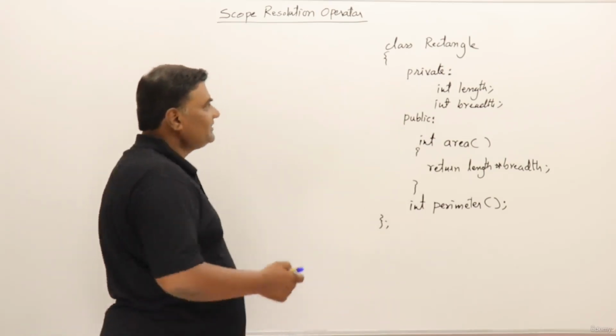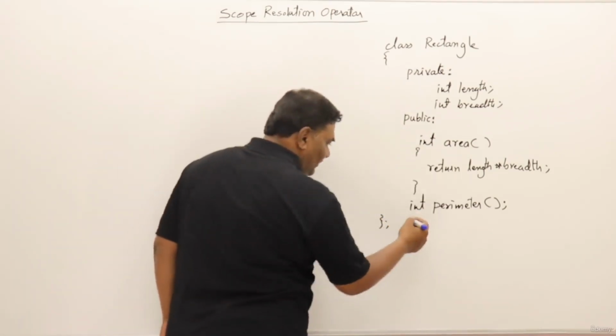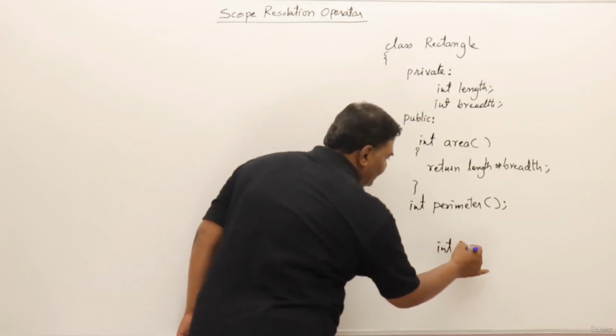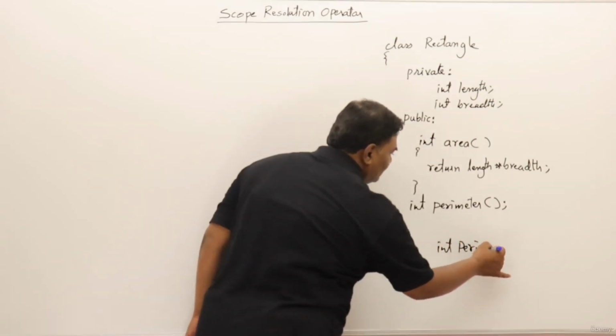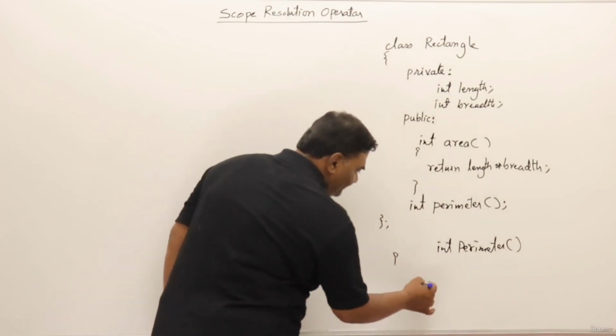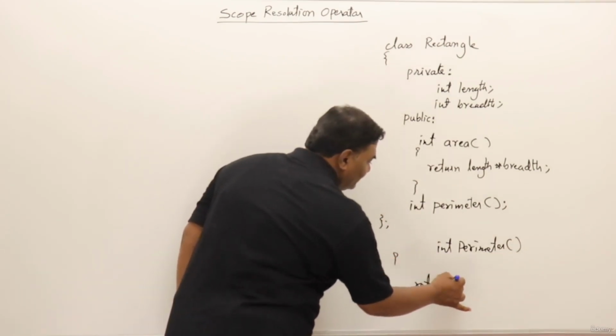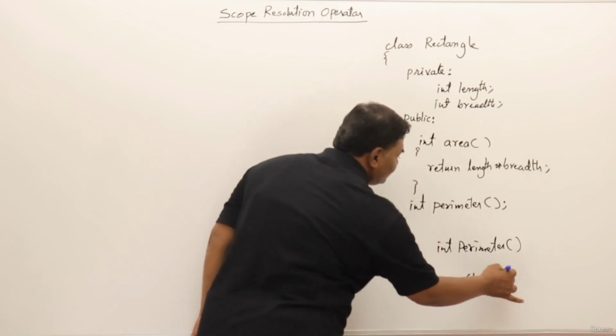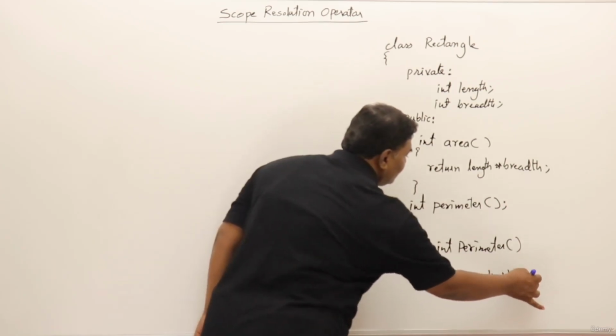Then where is the body of the function? Outside the class, write int perimeter. What will this function do? Return 2 into length plus breadth.